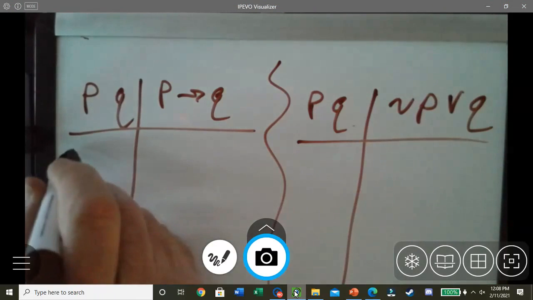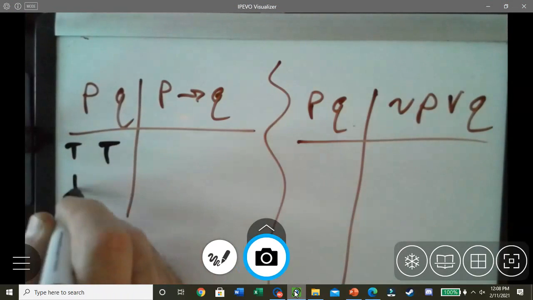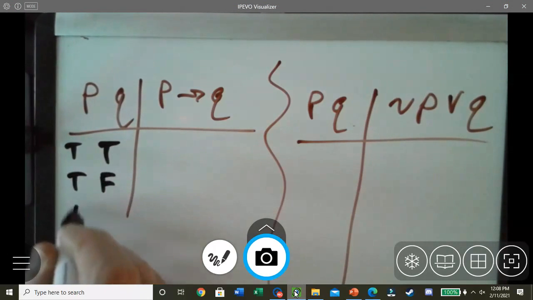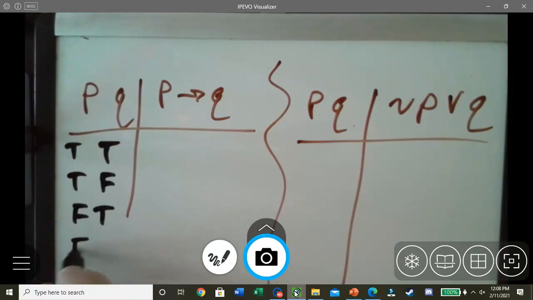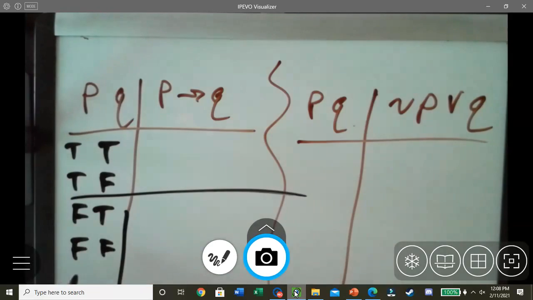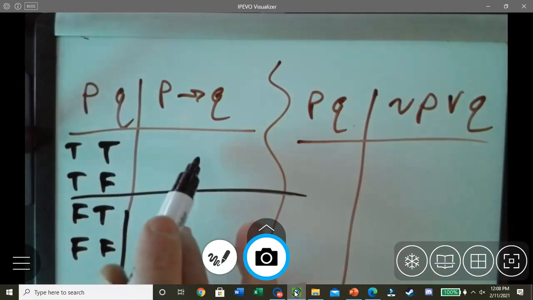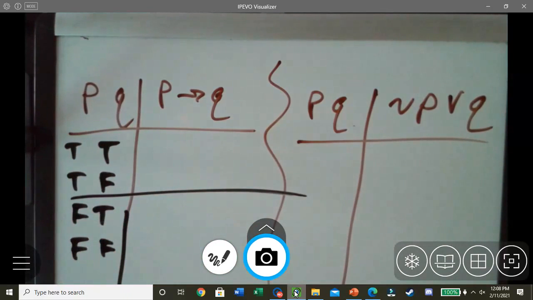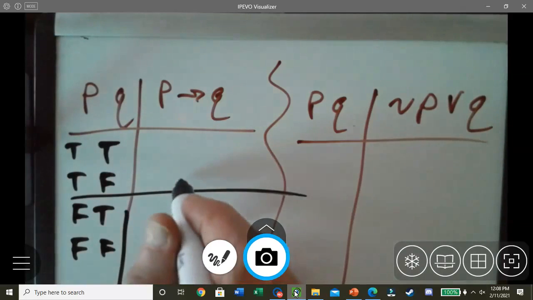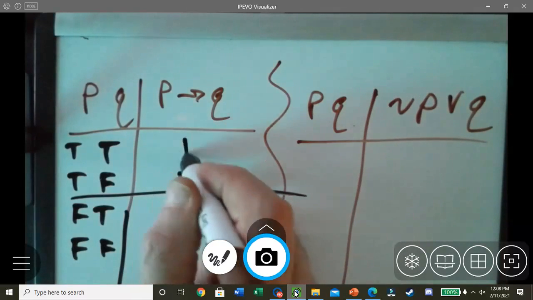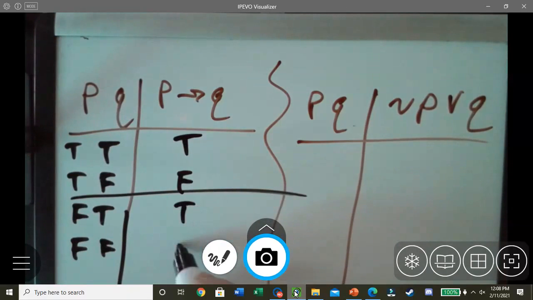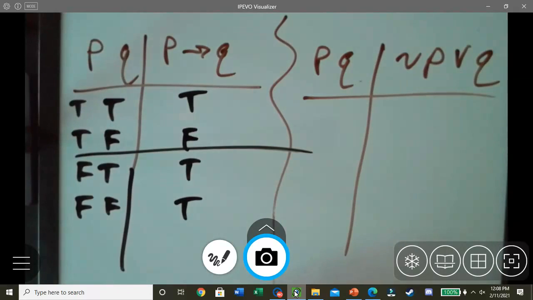We're going to put here true, true, true, false, false, true, false, false. It's the same every time. We said that the only one for a conditional statement that's false is which one? True then false. If true, then false. So we put false there, and everything else is true. That makes it easy.